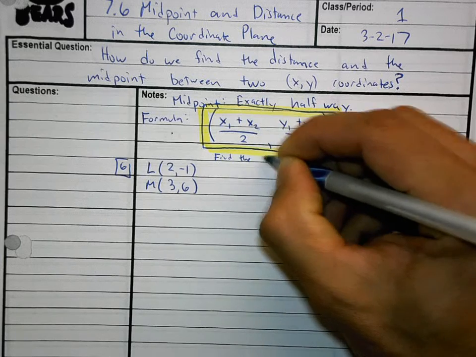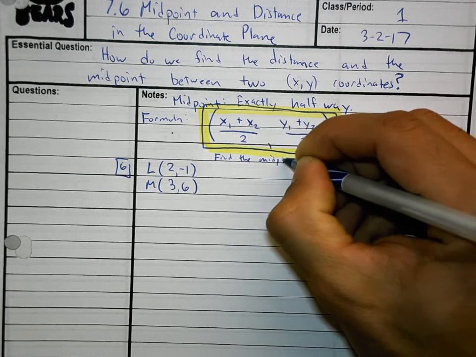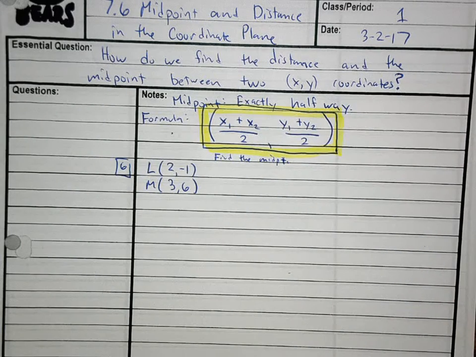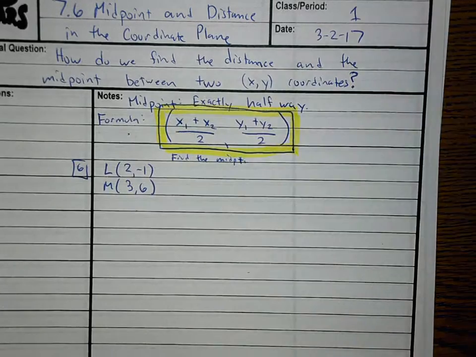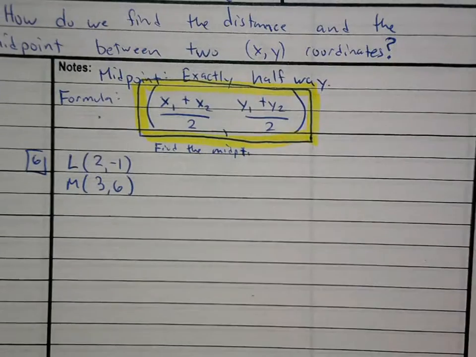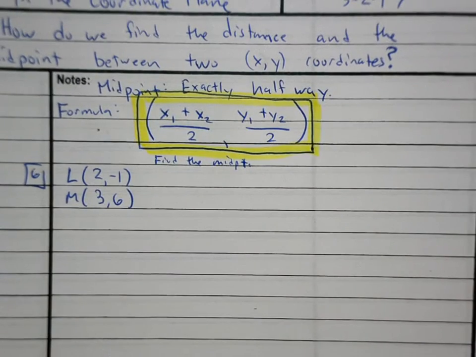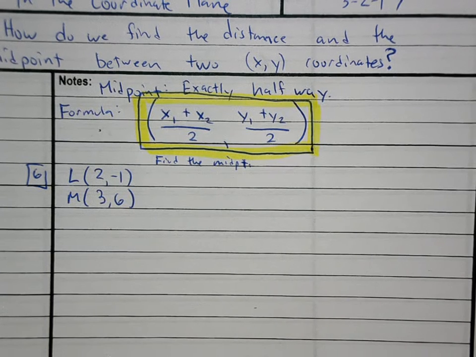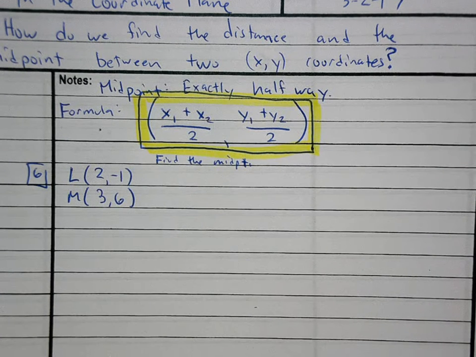Find the midpoint. I'm going to abbreviate midpoint. I'll zoom in a little bit, make that bigger. So what you're doing when you're trying to find a midpoint is you're trying to find the average of your x's and the average of your y's.